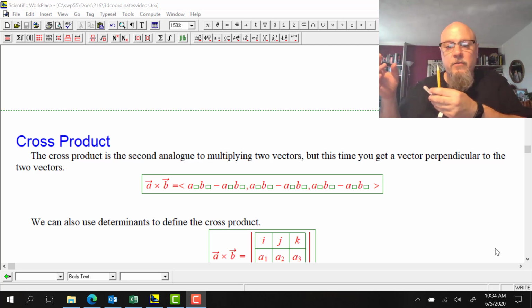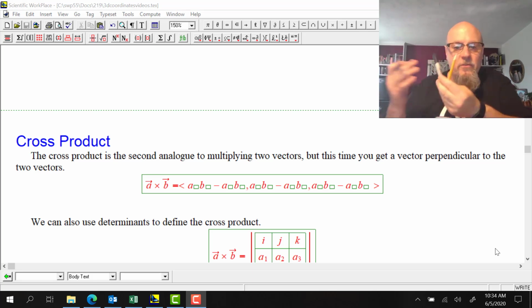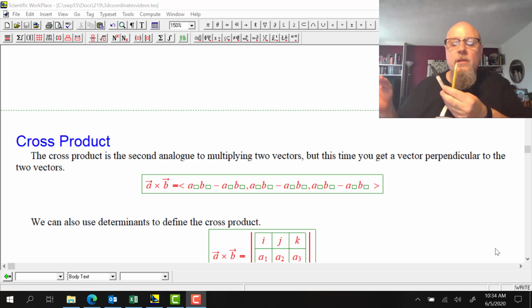When we take the cross product of two vectors in this course, we mean two 3-dimensional vectors. The result is a 3-dimensional vector that's perpendicular to the ones we crossed.